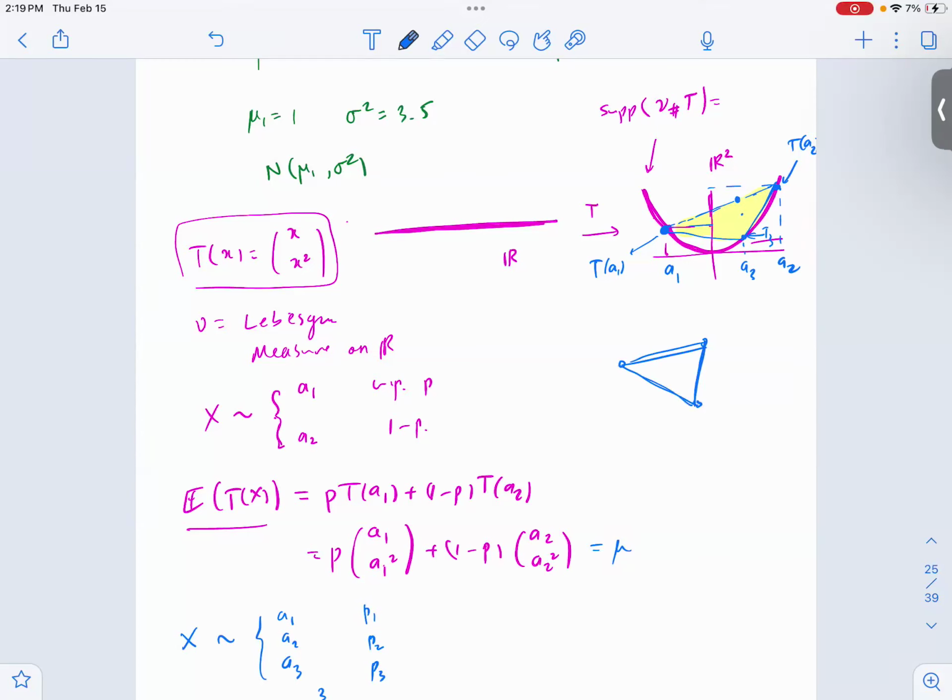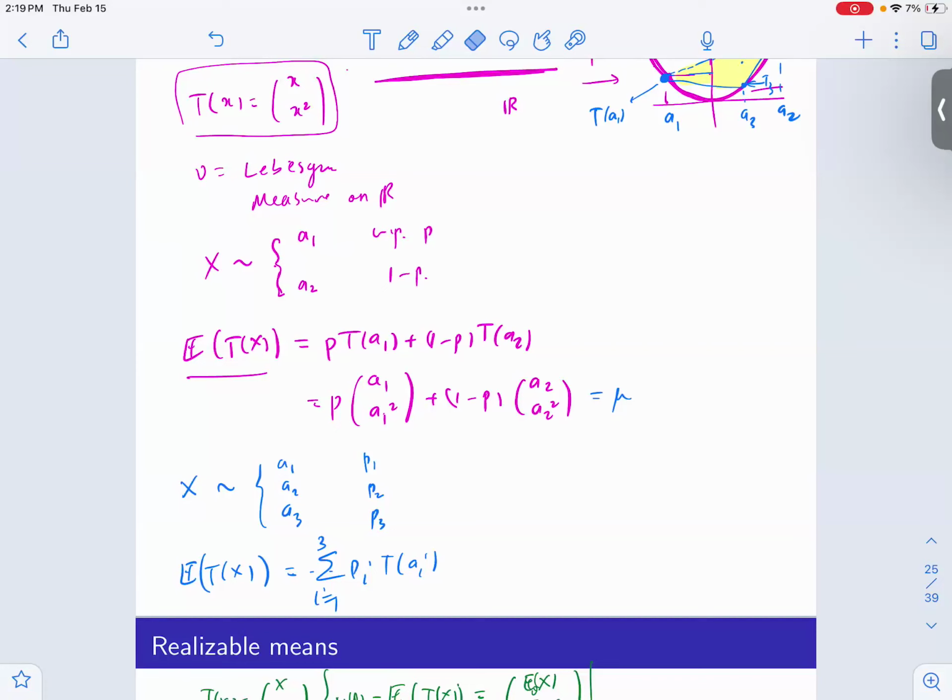And so the mean is going to be the convex combination of TA1, TA2, TA3. So this belongs to the convex hull of TA1, TA2, TA3.